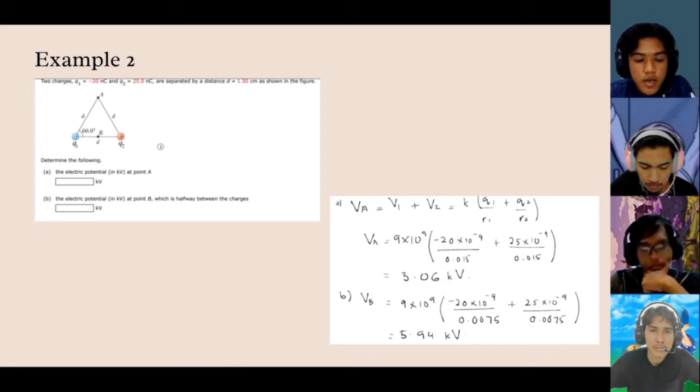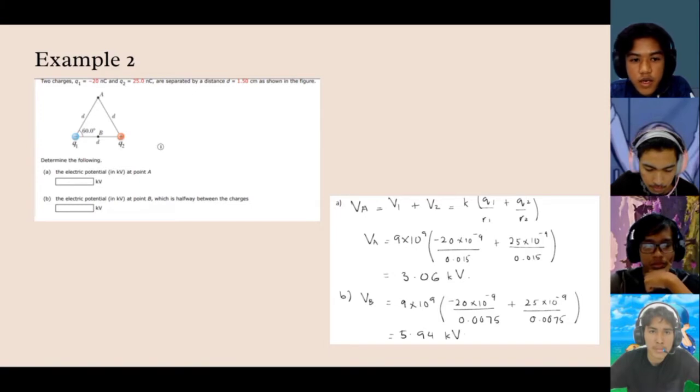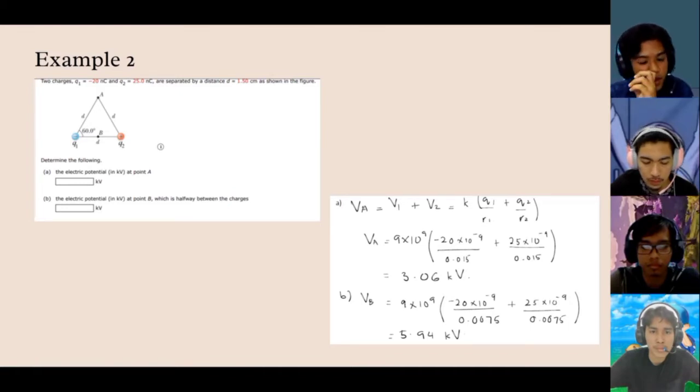We use the formula of electric potential, which is K in bracket Q over R. Since there are two charges, we have to add up V1 plus V2. As shown in the solution at the right side, we get the formula as K in bracket Q1 over R1 plus Q2 over R2, close bracket.